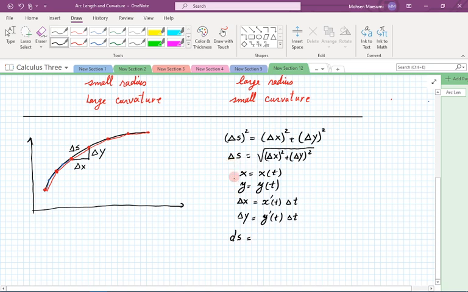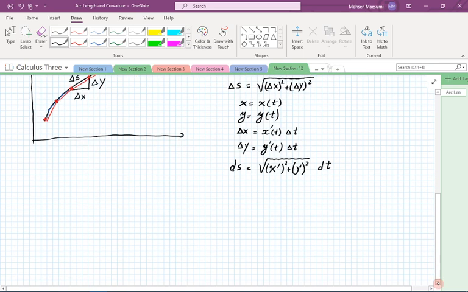Instead of delta, which is an approximation, we are using ds for the differential, and inside the radical I'll have x prime squared and y prime squared, and this delta t is also written as a differential. So this is the formula for the differential of length. What is this red thing in terms of delta x and delta y? That is what it is.